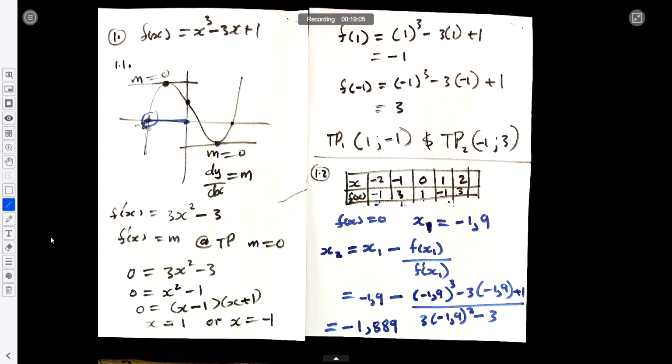Okay, I hope you're getting the same. So the better approximated root is negative 1.889. So that is the root. I hope you got the same answer.